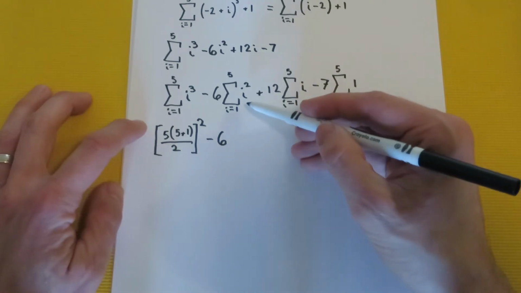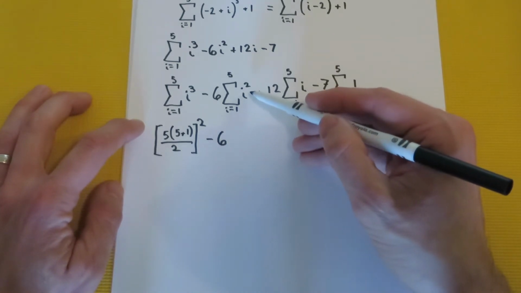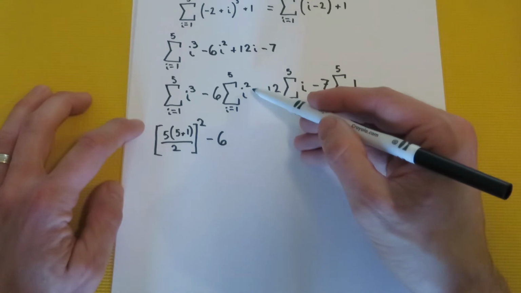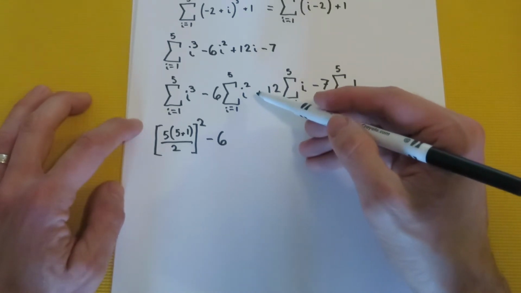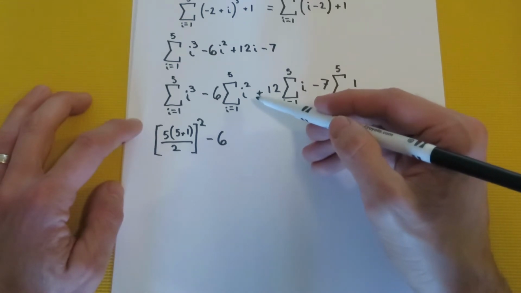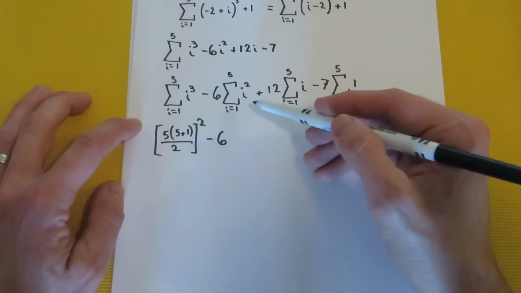The summation of i^2 is going to be n times n plus 1 times 2n plus 1 over 6.